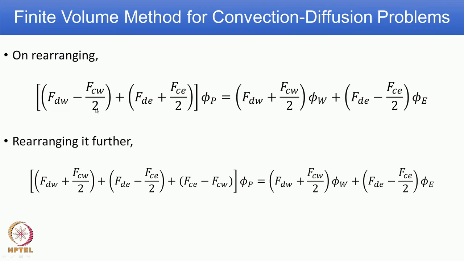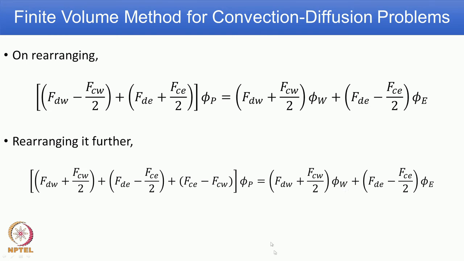Similarly, we have only F_C e by 2 and we add F_C e newly and subtract. So, if you put this term, that is minus F_C e by 2 plus F_C e, the original positive F_C e by 2 is maintained. This is for convenience's sake, you will understand, equated to terms on the right hand side.